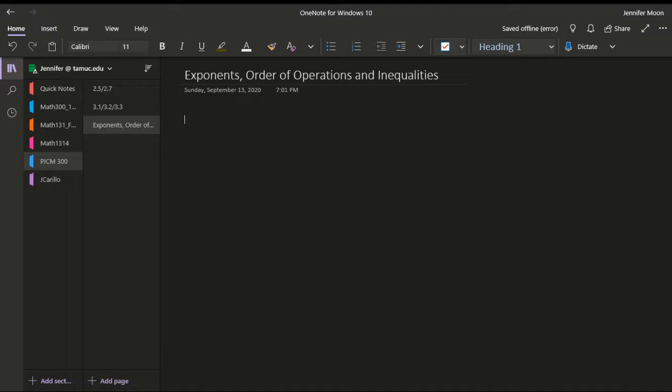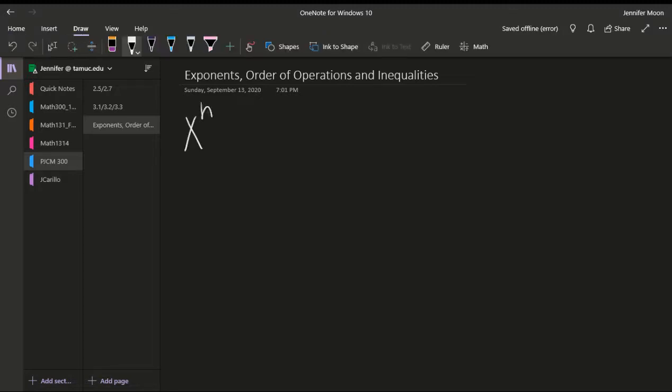Okay, so exponents. When we talk about exponents, a way that they can be represented is like this. Our x, that is our base. And then our n, that's what we call our exponent.